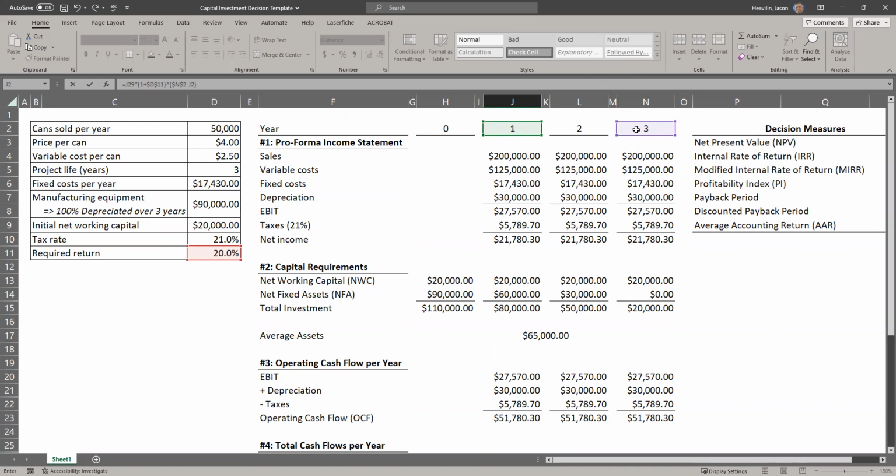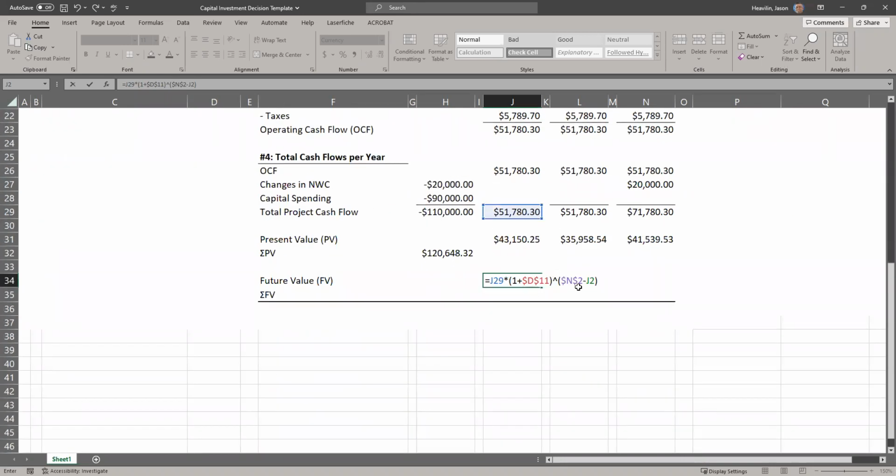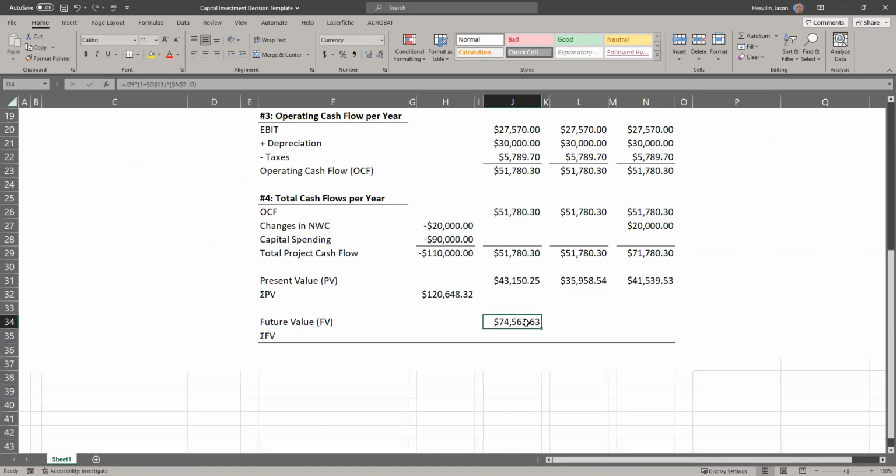So from year 1 to year 3, you're only moved 2 years in the future, not 3 years. So that's where this becomes useful to understand what the exponent should be. So we have a 74,563 and 63 cents as the future value from year 1 to year 3.